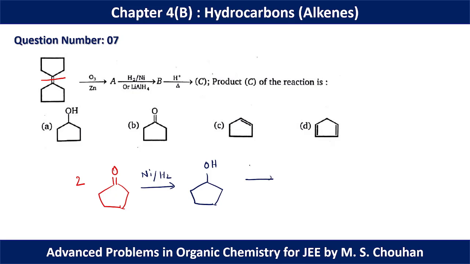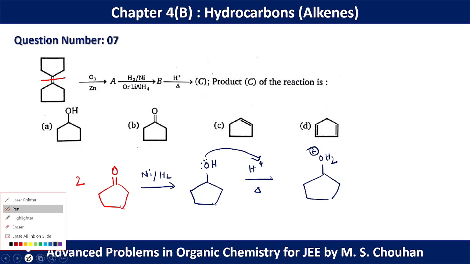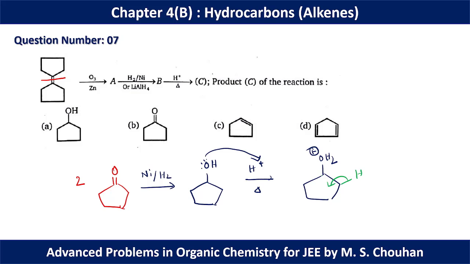And finally, if H plus and heat is added, this lone pair will accept this H plus to form a system like this, H2O plus, and beta hydrogen will be eliminated to form an alkene like this. Okay, so for question number 7, option C should be the correct option.